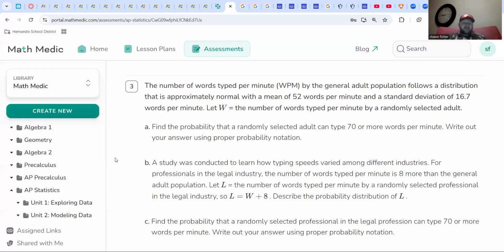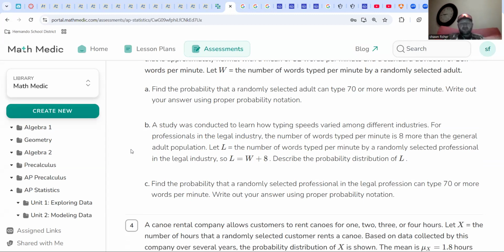Okay, good. A study was conducted to learn how typing speeds vary among industries. For professionals in the legal industry, the number of words typed per minute is actually 8 more than the general adult population. So if you are in a business, on average, it's usually 8 more.